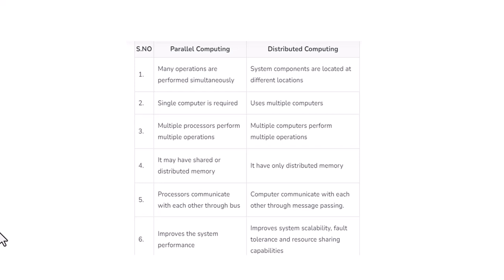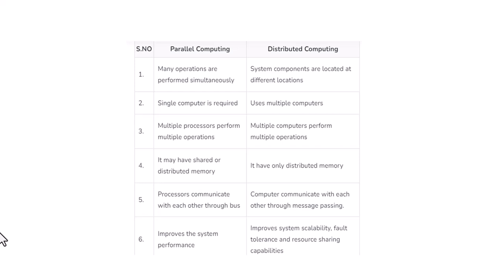In parallel computing, processors communicate using the bus of the computer. A bus is a communication channel which connects two or more hardware parts, while computers communicate with each other through message passing using LAN or WAN. So definitely routers come here. Communication is through routers, and routing protocols are designed for that.